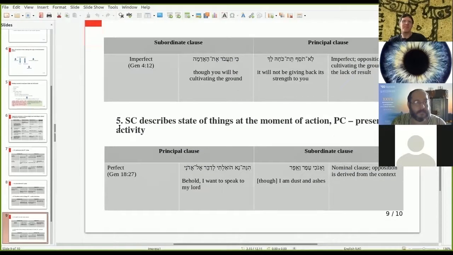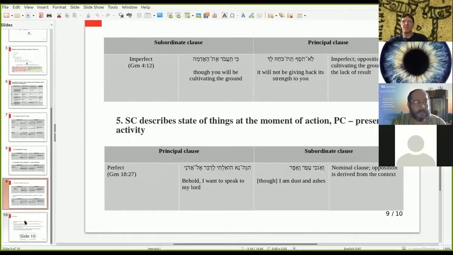And in the fifth variant, when the principal clause and subordinate clause are reversed, we have a perfect in the principal clause and a nominal clause as the subordinate clause. This was a short overview of these things.